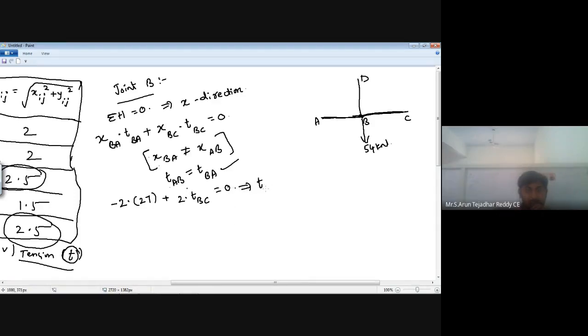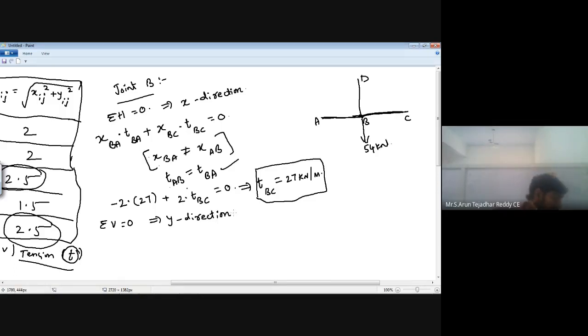Then TBC is equal to 27 kilonewton per meter. Next, consider another equilibrium equation, that is summation of vertical forces is equal to 0. It means Y direction.